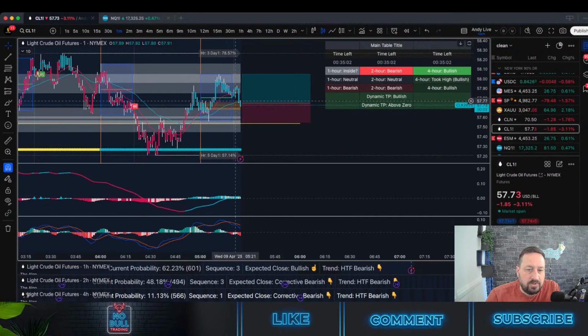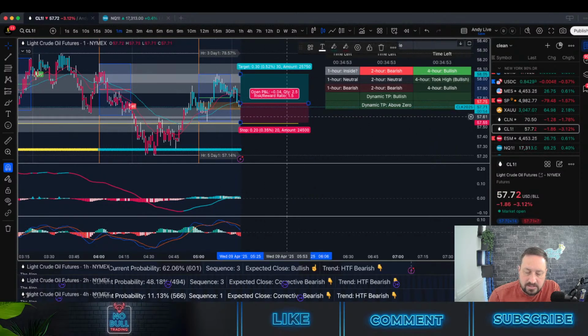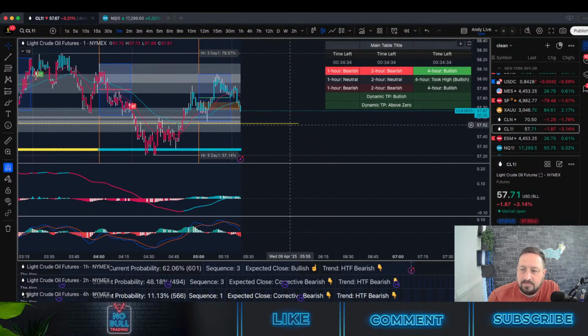You're above the open, you've closed above the open and above the box for the first 20 minutes, giving you probability to the upside, as well as this and this. It's just this here. I'd want to see weakness as we come back to this box. I want to see weakness and a reason why price would reject, to then maybe then we can get in, right? And then look to come take this high, or even this liquidity above. But this is showing strength to the downside at the moment.